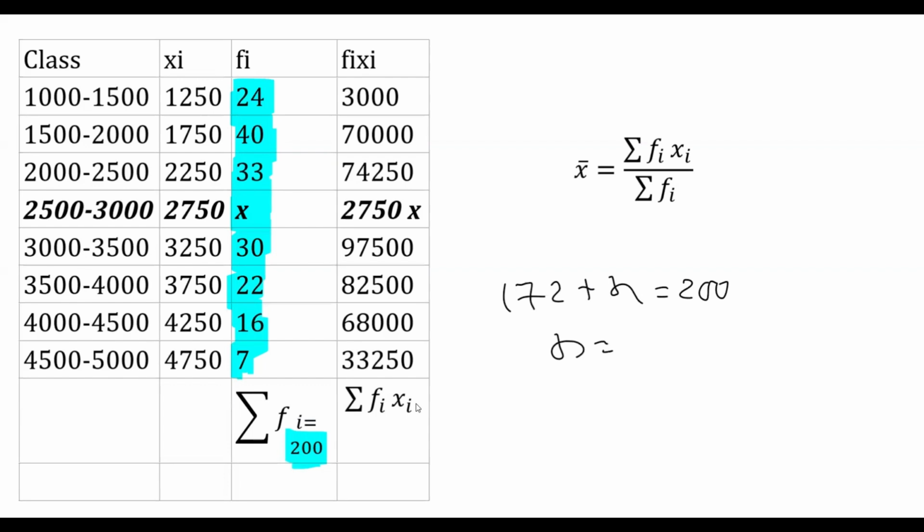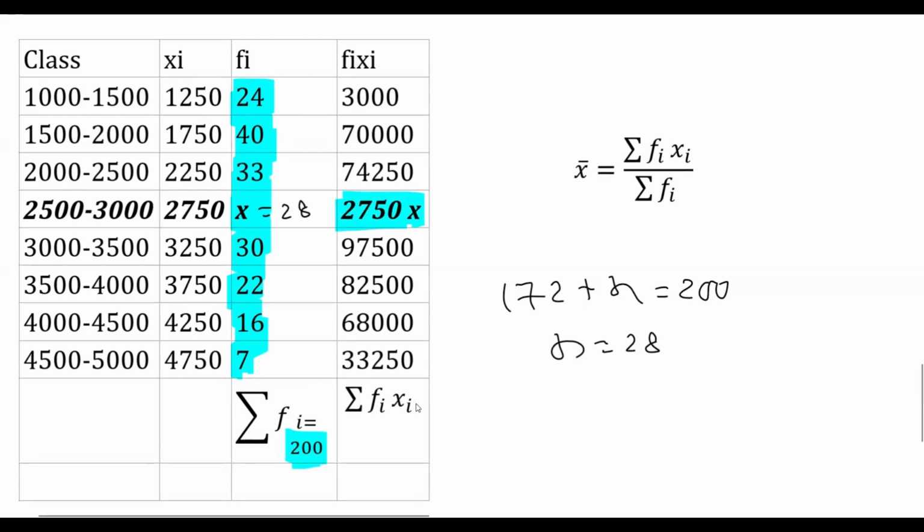That implies the value of x is 28. On subtracting 172 from 200, I'm getting 28. So I can replace this x with 28.